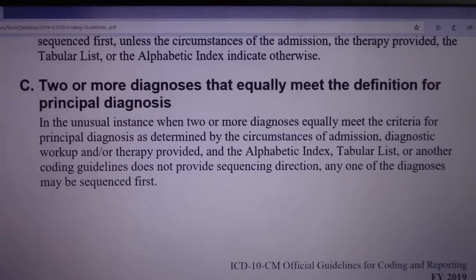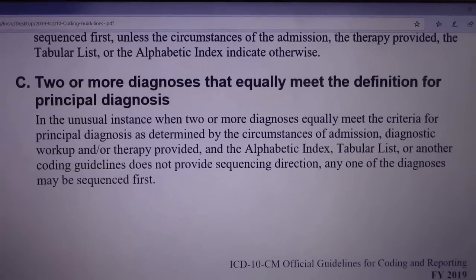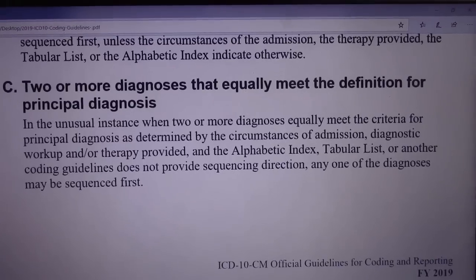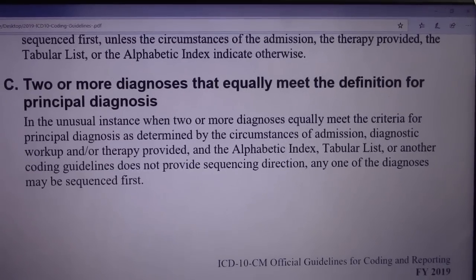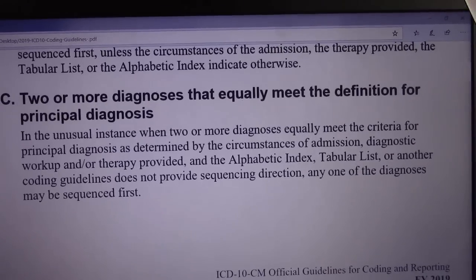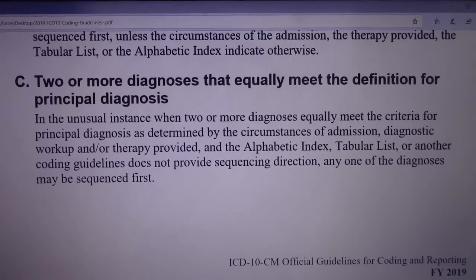Let me give you an example. What if a patient is admitted with chest pain and shortness of breath? The admitting provider's definitive diagnosis lists congestive heart failure and pneumonia as the cause of the chest pain and the shortness of breath. But he gave you two diagnoses, congestive heart failure and pneumonia.